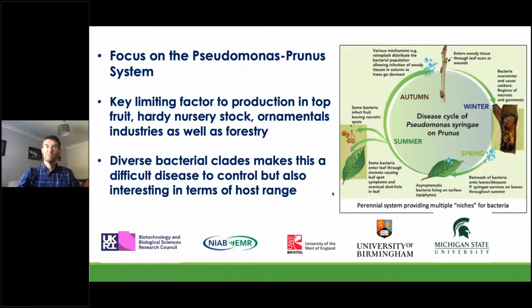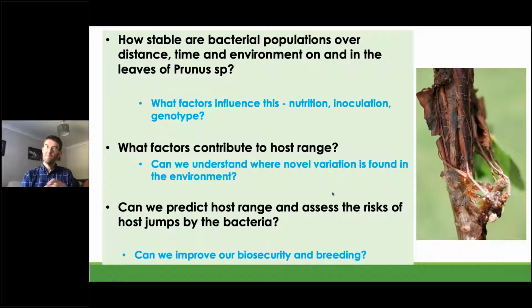So this project will very much focus specifically on this system, maybe a bit more specific than some of the other projects. So looking at these bacterial populations over time, what is it that influences their colonization of the cherry trees: nutrition, inoculation rates, different environments, what contributes to the host range of this, and then ultimately how can this information be extended to help us understand other Pseudomonas infections.